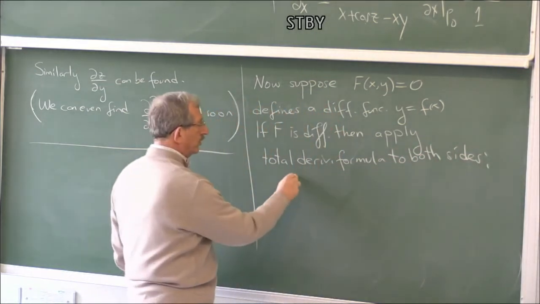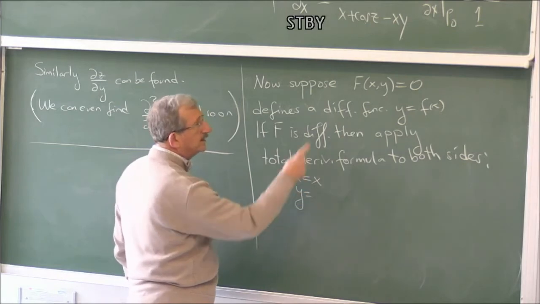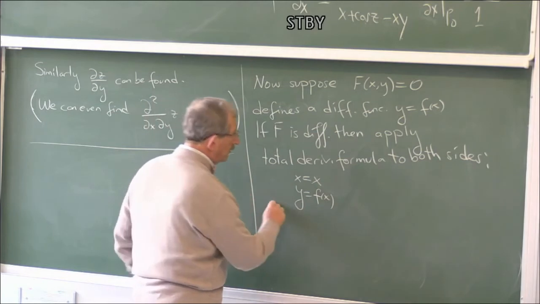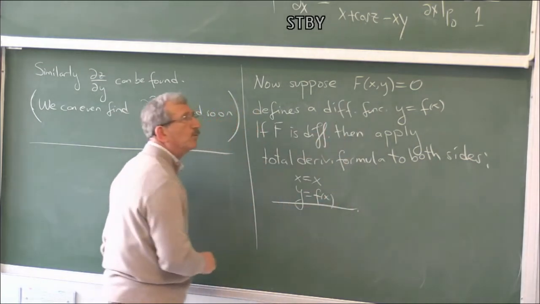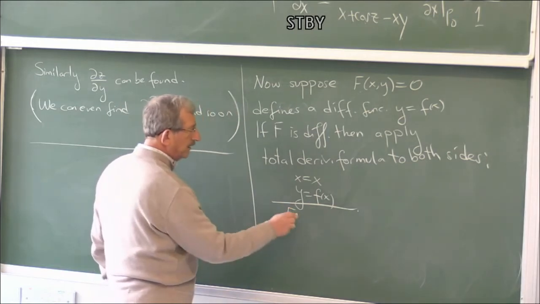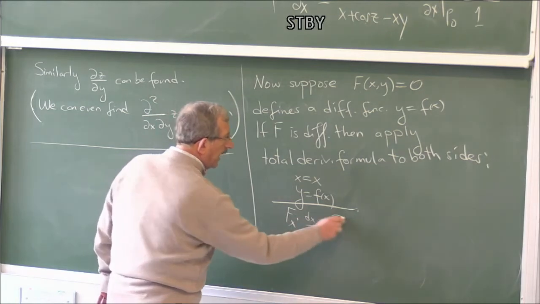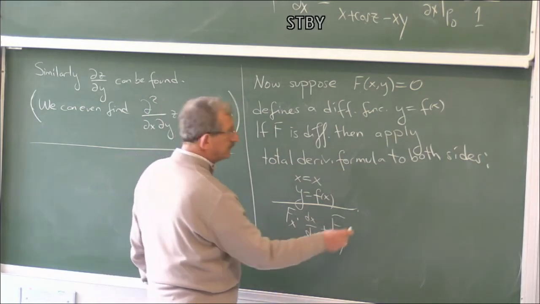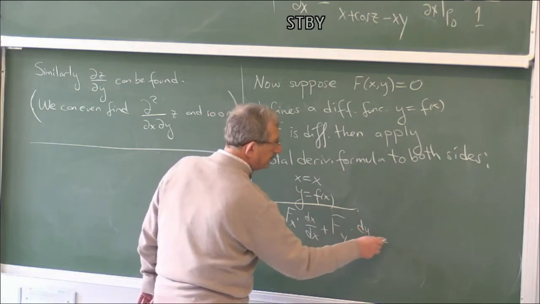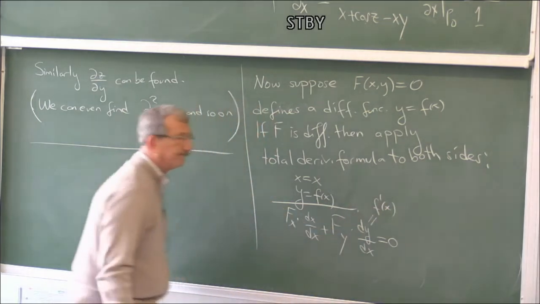Meaning, of course, x is a function of x, y is a function of x. So, okay, total derivative formula says that left-hand side is f sub x times dx by dx plus f sub y times dy by dx, which of course is f prime x.